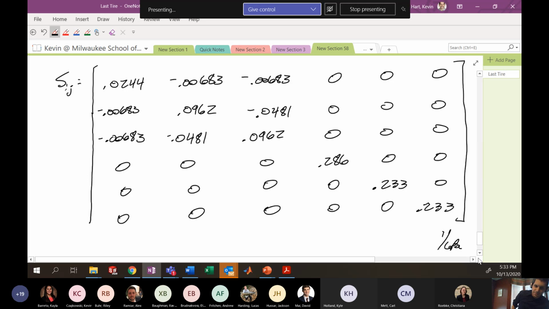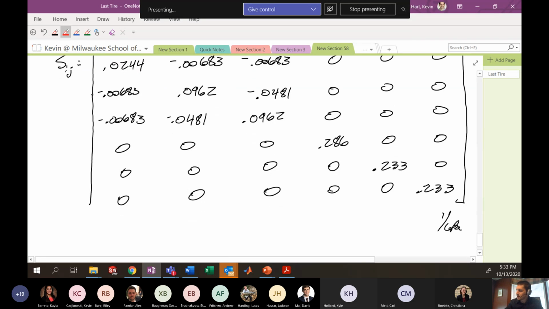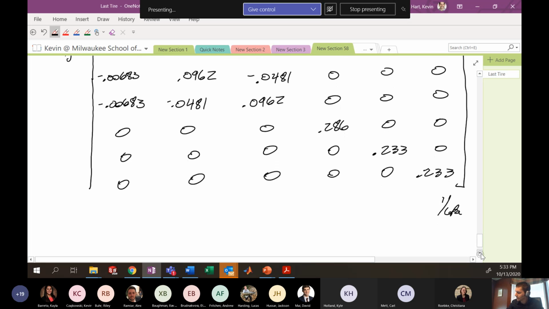Okay, so this is all obtained from material information that we have about our unidirectional composite. For instance, this guy, remember, is 1 on E1. This guy here is negative nu 1,2 on E1. Those are all just obtained from properties of the composite that we have. So that's that. We could invert this.